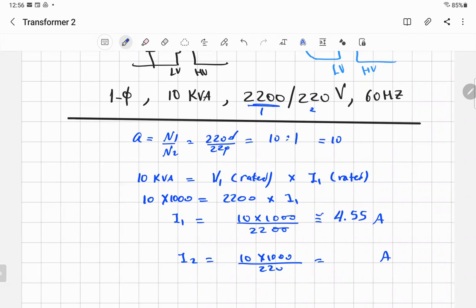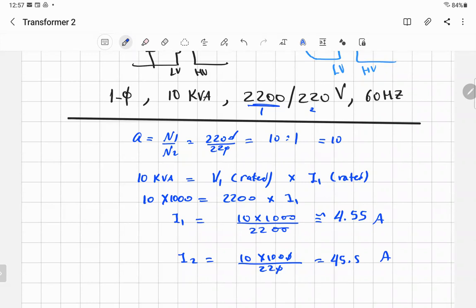And this one will be, of course, 10 times bigger. Without calculation, it's 45.5, because the ratio is 10. Here the voltage decreases and the current increases; it follows the opposite.